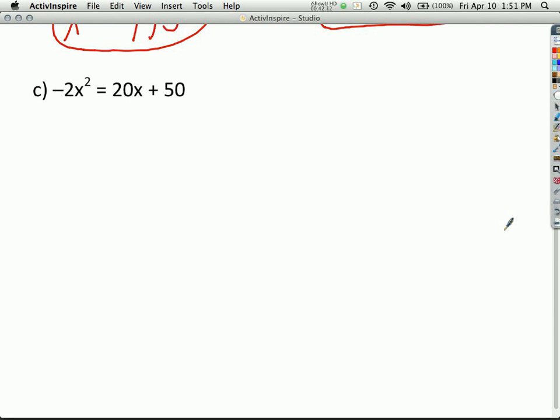Okay. Add 2x squared to both sides so that this jumps over there and becomes positive. And so we'll end up with 0 equals, excellent. Now, run through the checklist.